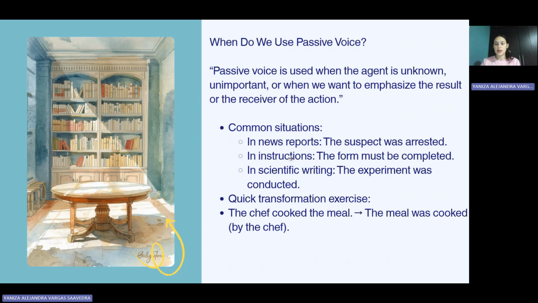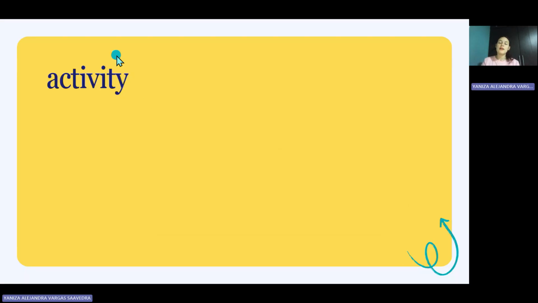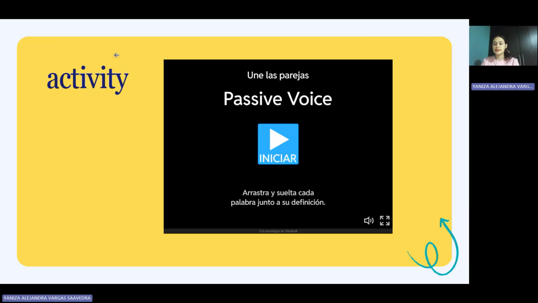I have an activity for this topic. I want to share some examples with you. For example, the students answer the questions.